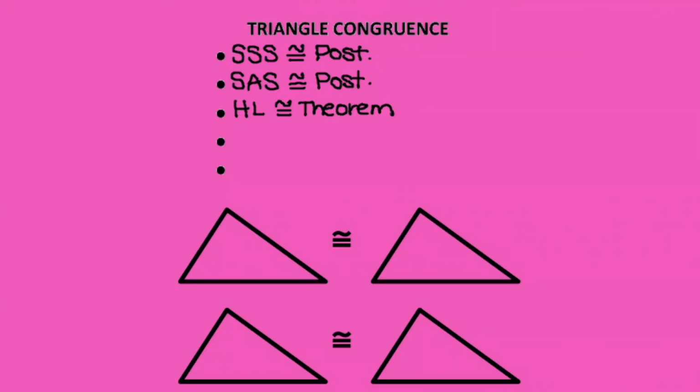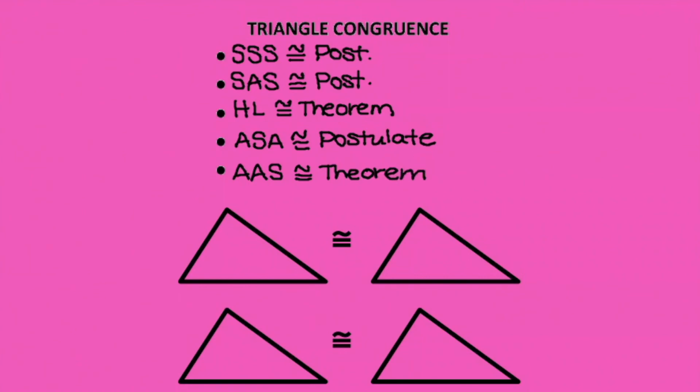And let's get our pink sheet updated with the angle side angle congruence postulate. And the angle angle side, that one's a congruence theorem. Not too concerned that you say postulate versus theorem. I won't even pay much attention to that.